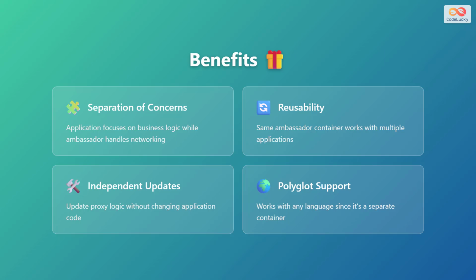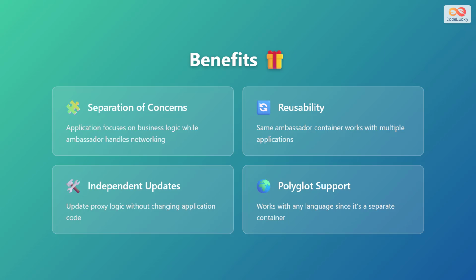The ambassador pattern delivers multiple significant benefits. First is separation of concerns. Your application focuses purely on business logic, while the ambassador handles all networking responsibilities. Second is reusability. The same ambassador container can work with multiple applications, reducing duplication and ensuring consistency. Third is independent updates.